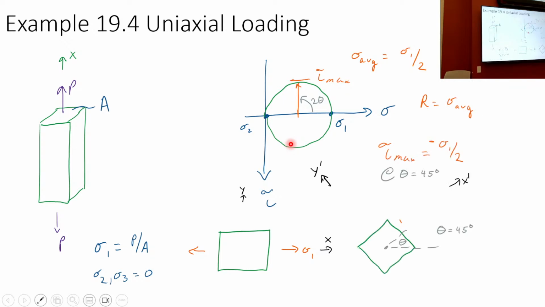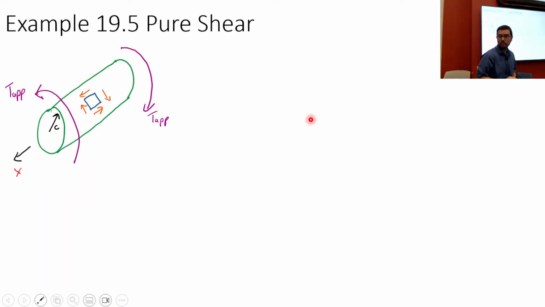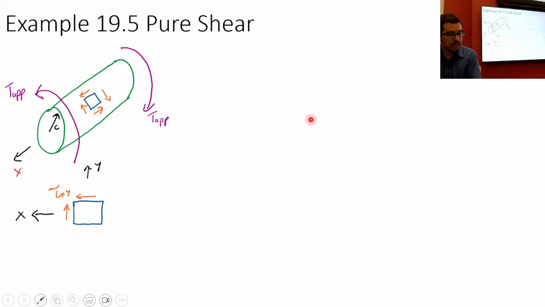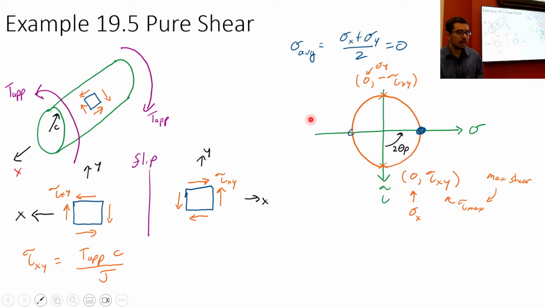Okay, we did it. 45 degrees is also the angle rotation that we had to go. Pure shear is another classic case, and guess what? With pure shear, you can get a state of principal stresses where you have no shear. Okay? This is awesomeness. All right?